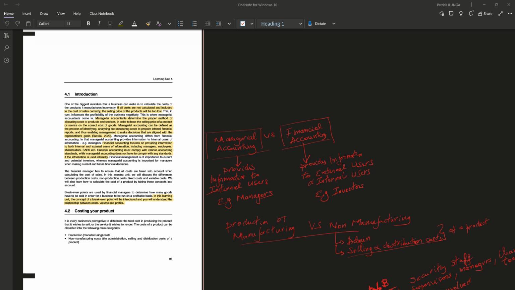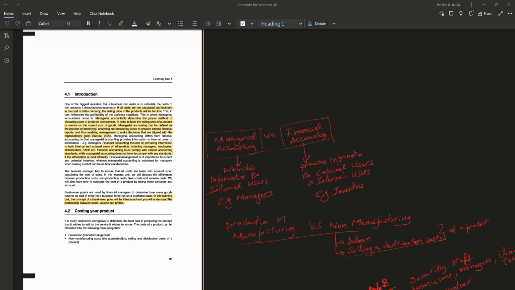This is where managerial accountants come in, right? So, managerial accounting differs from financial accounting. And as you can see from the notes I've provided, managerial accounting provides information to internal users of information, especially managers.